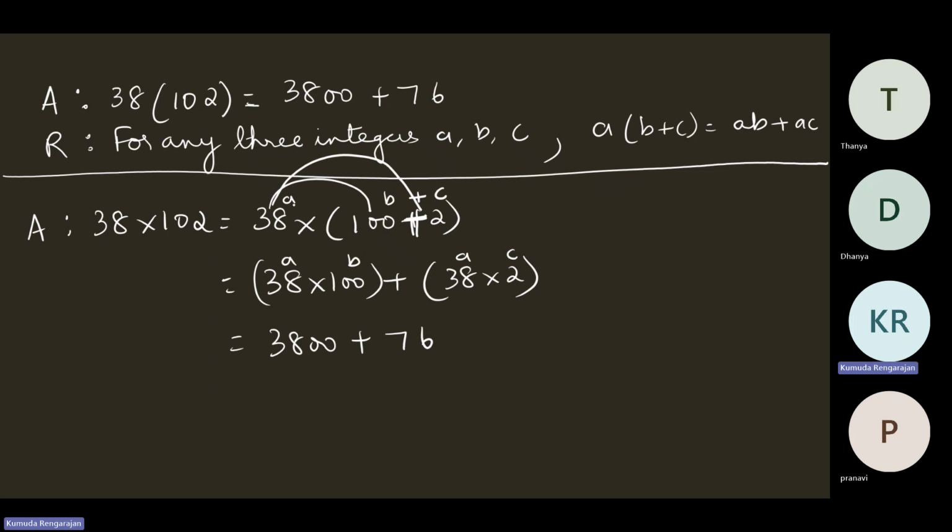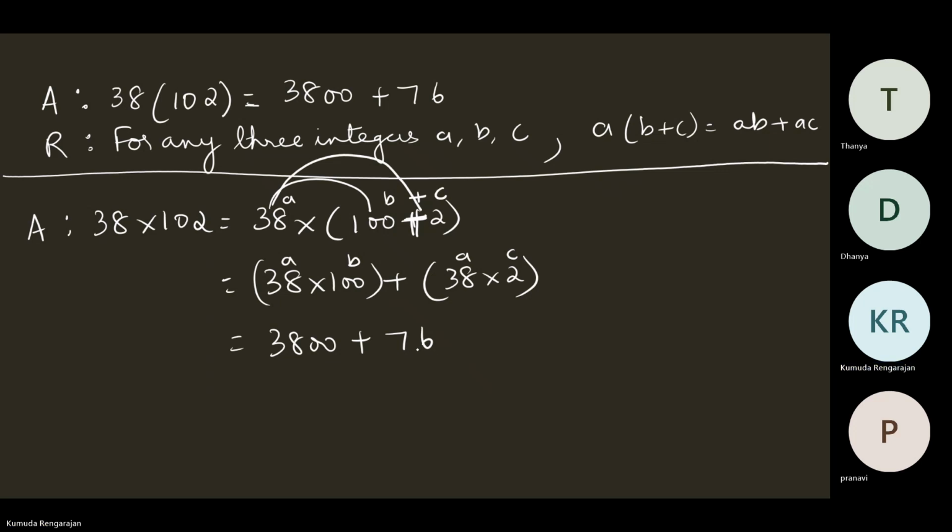Okay, so 38 is A, 100 is B, and 2 is C. So A into B plus C: A into B is 38 into 100, plus 38 into C, where 38 is A and 2 is C, so 38 into 2 means A into C. So the reason is true. The reason is the distributive property of multiplication over addition.